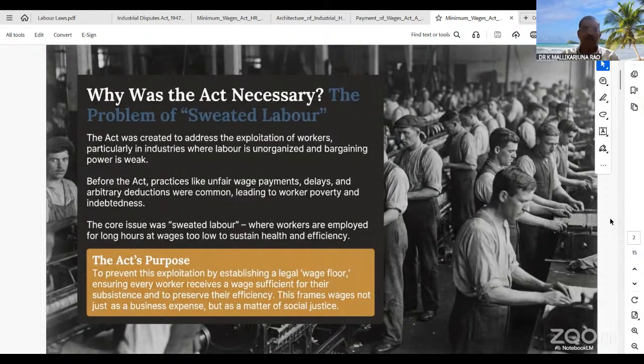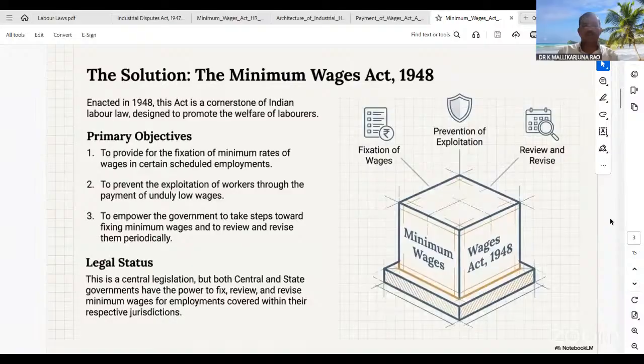So this act aims to prevent exploitation by establishing a legal wage floor, ensuring every worker receives a wage sufficient for their subsistence and preserving their efficiency. This is not just a business expense, but a matter of social justice.